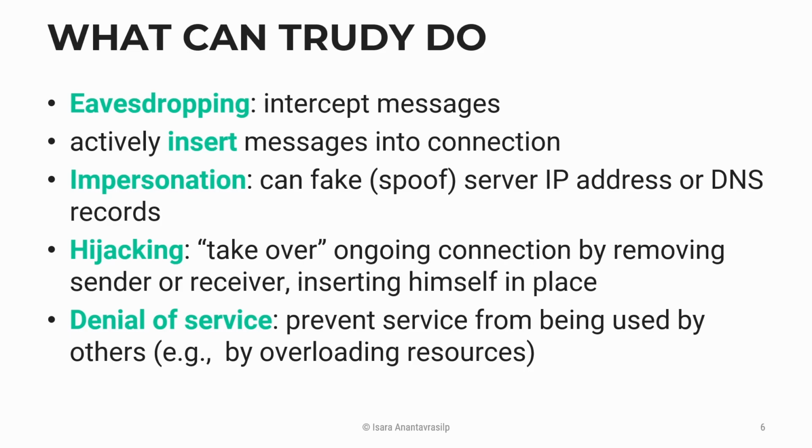Trudy is reading the communication, taking, for example, the login and password that Alice is typing into the login form. Trudy can also actively insert messages into the connection, pretending to be either Alice or Bob in the middle of their communication.